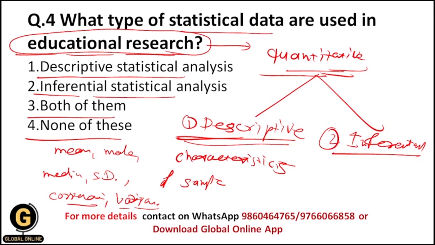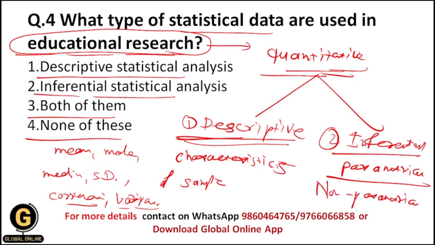So you can say parametric tests are inferential statistical analysis, and non-parametric tests are inferential statistical analysis, and we are going to see these parametric and non-parametric tests in the upcoming videos. As well we are going to see mean, mode, median, standard deviation, correlation, variance in upcoming videos, so don't worry.